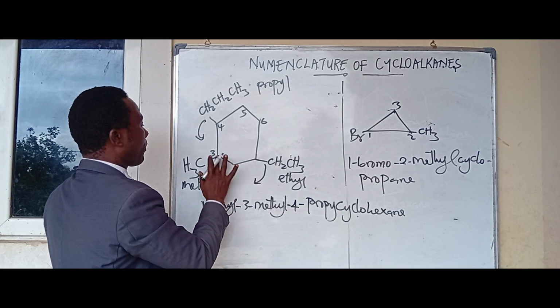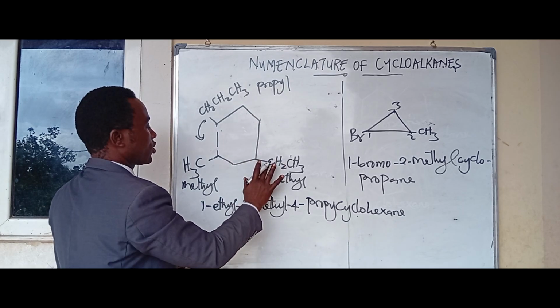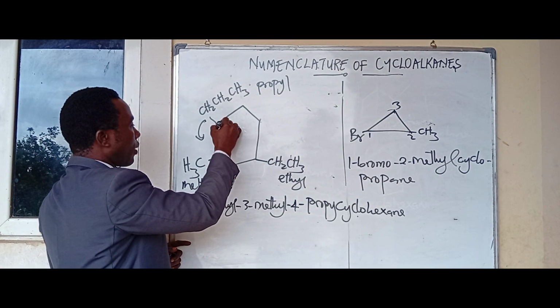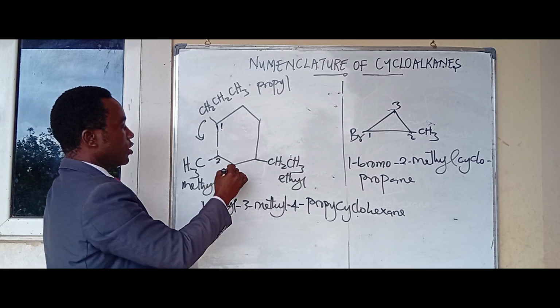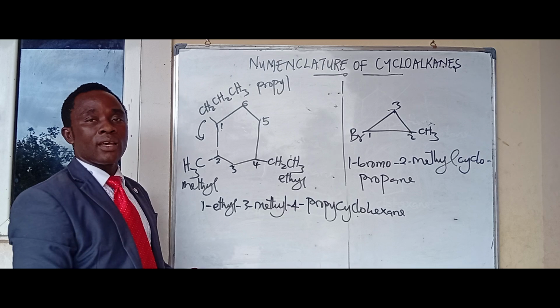But if we are to name towards this other way, what will now be the name? Here becomes number 1 now. Here is number 2, here is 3, here becomes 4, here becomes 5, and here is 6.